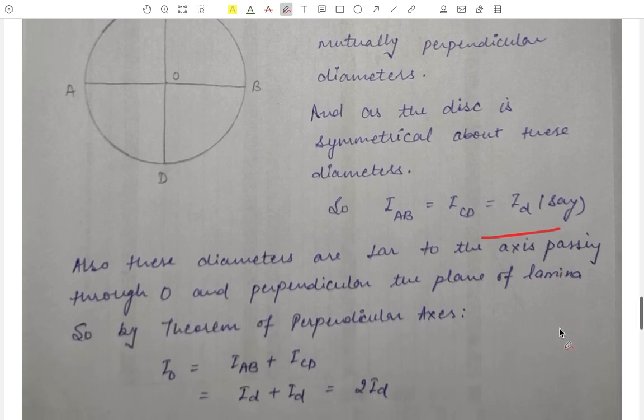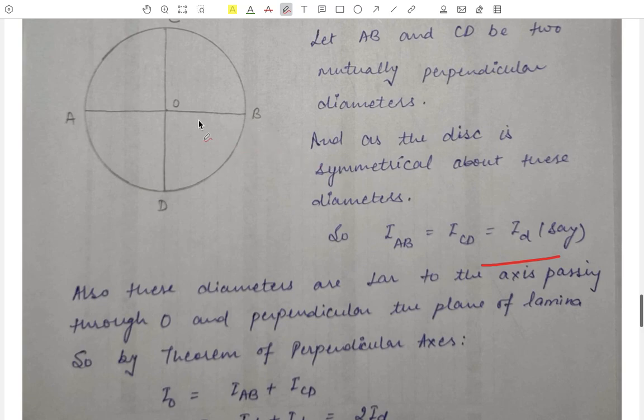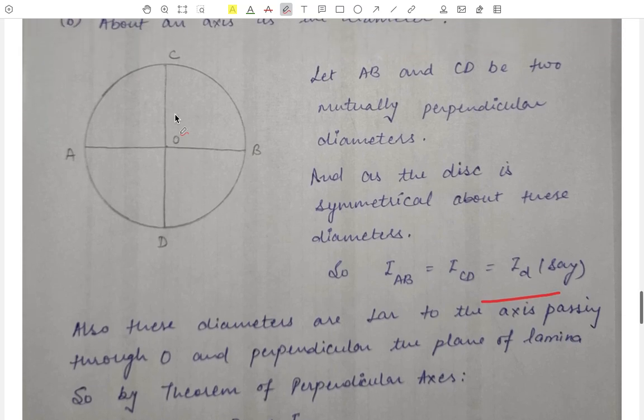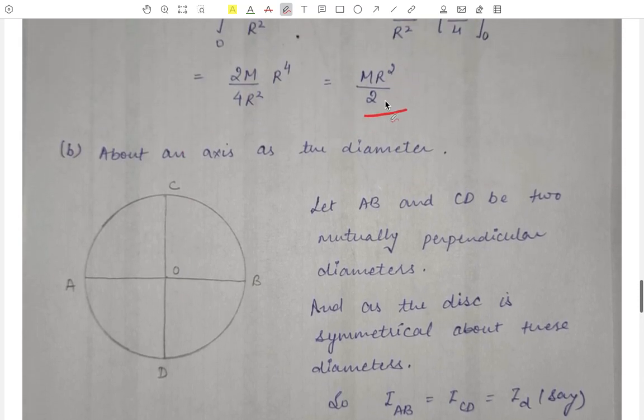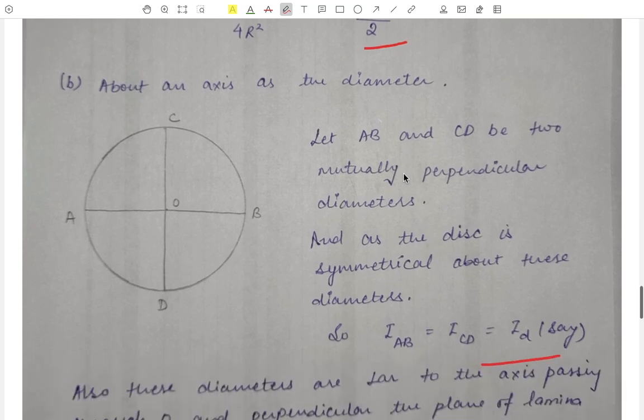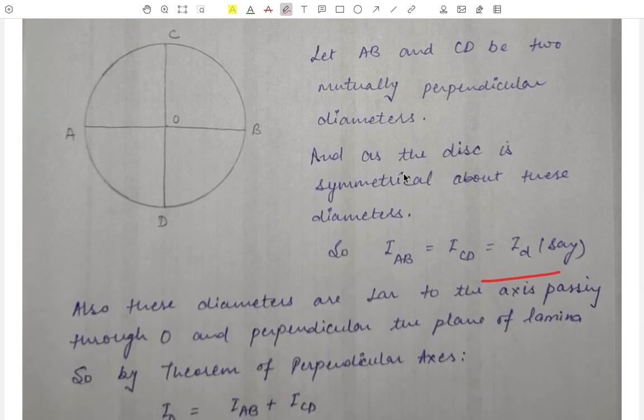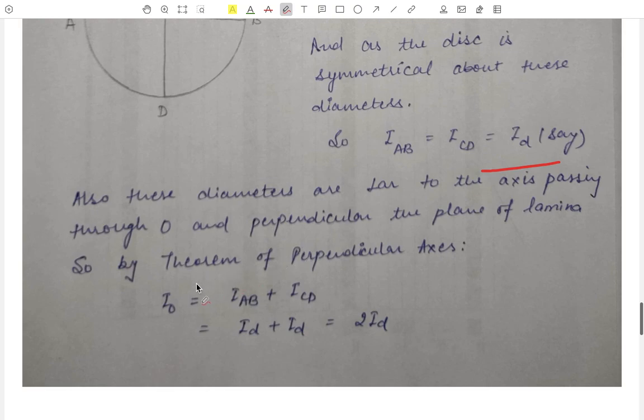Now, since these diameters are also perpendicular to an axis passing through its center of mass O and perpendicular to the plane of the disk, and we have already found the moment of inertia about that axis equal to mr square upon 2, to find the moment of inertia about any diameter we will use the theorem of perpendicular axis.